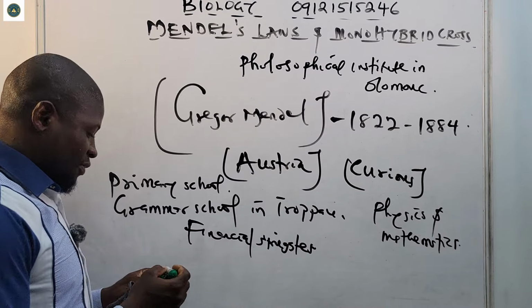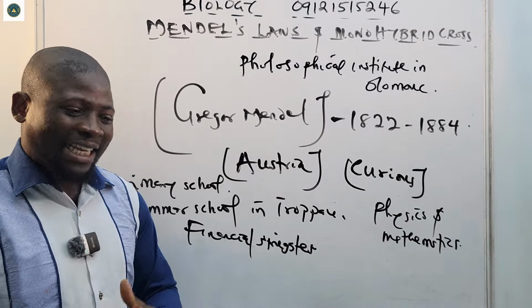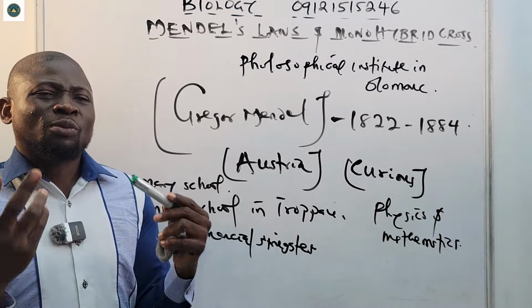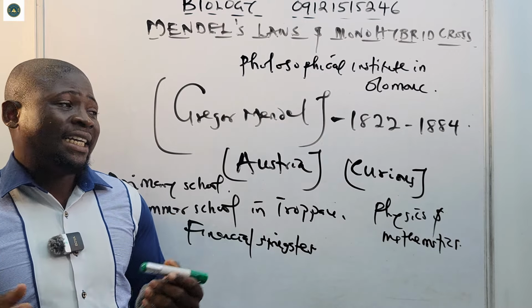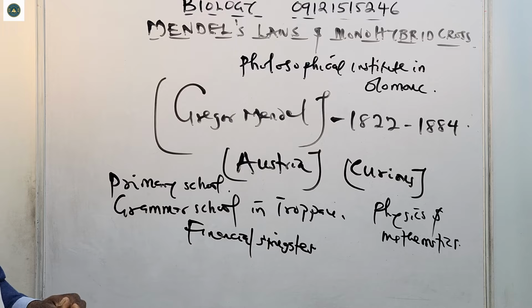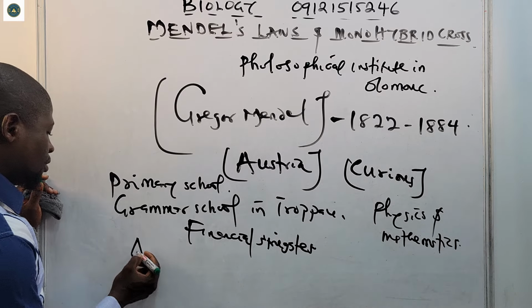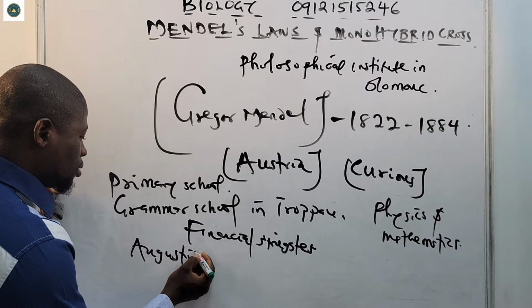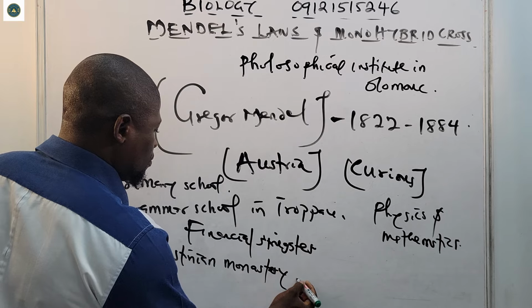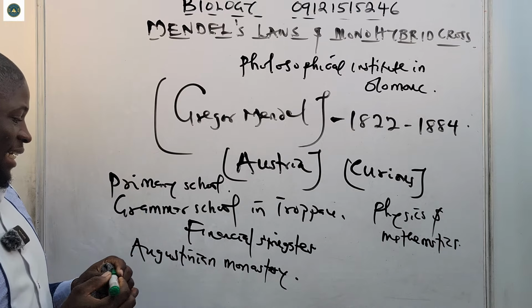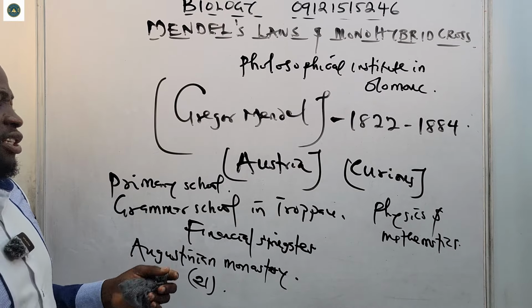Despite all of these financial struggles, he kept on keeping on because of his curiosity and his knack for knowledge. But at the age of 21, he joined the Augustinian monastery. And why did he join the monastery?